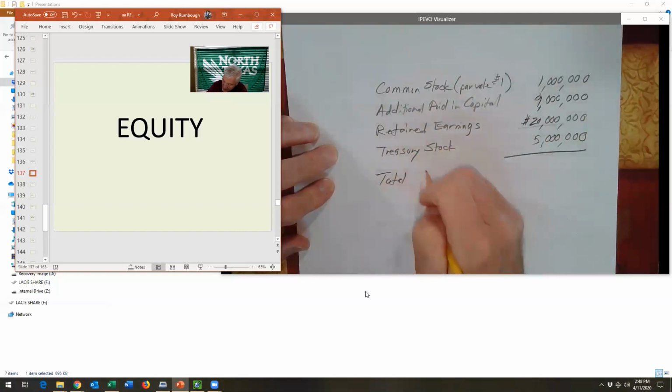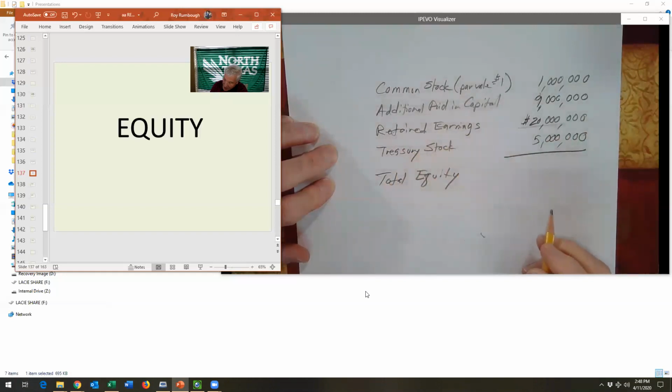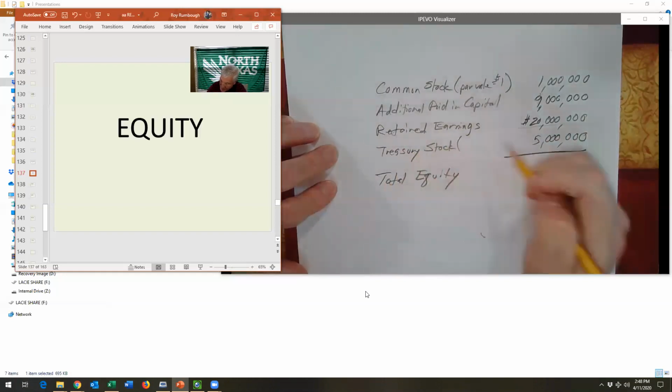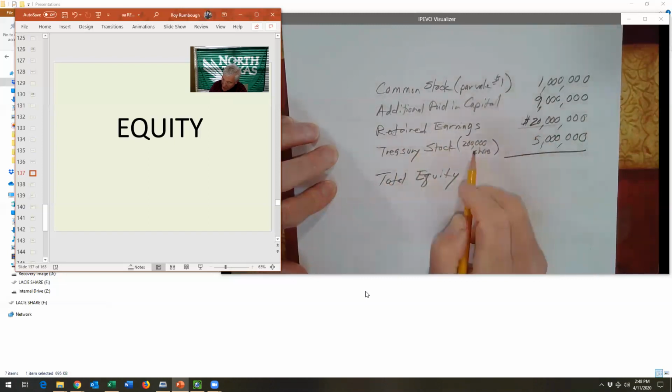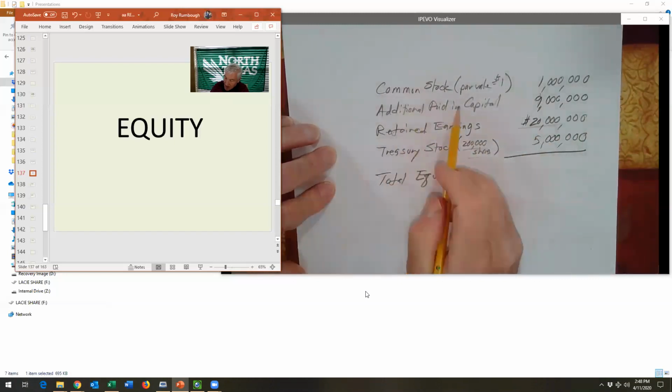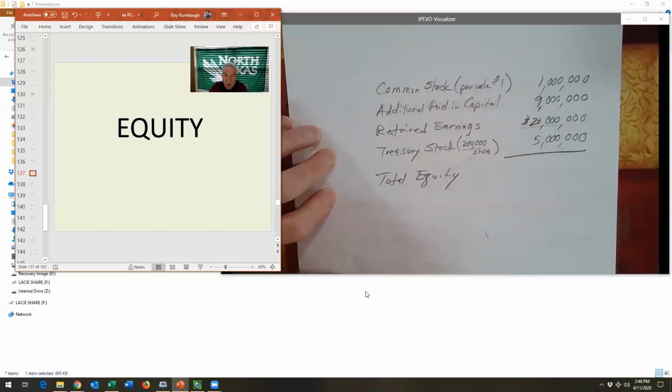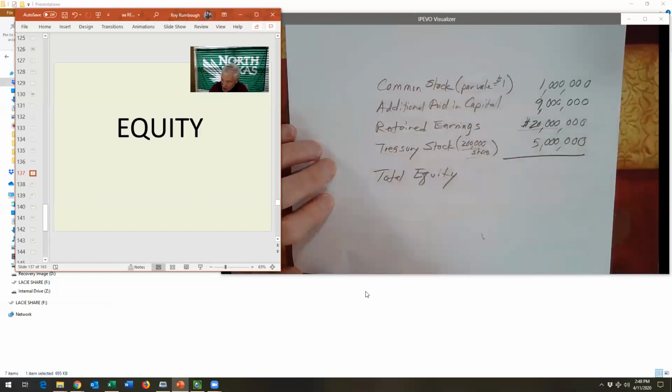How much is in total equity? By the way, let's just say they bought back 200,000 shares. And you're required to show the shares in common stock and in treasury stock when you issue a balance sheet with equity on it.